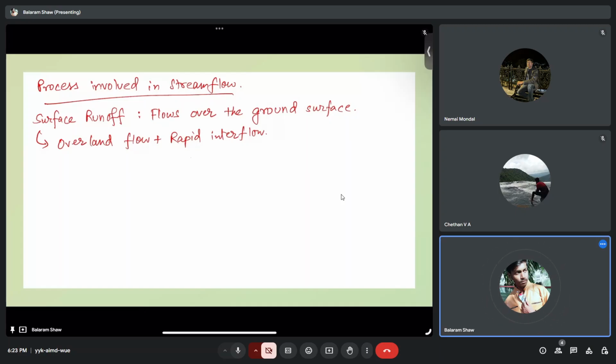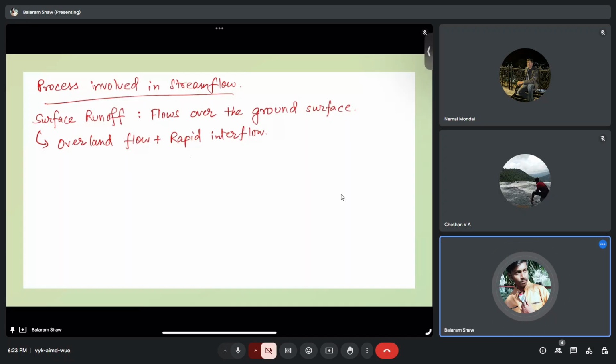So this is, let's say, the sustained or relatively constant flow of a river or stream that comes from the slow and steady release of subsurface water or groundwater into the stream. That is called base flow, right?